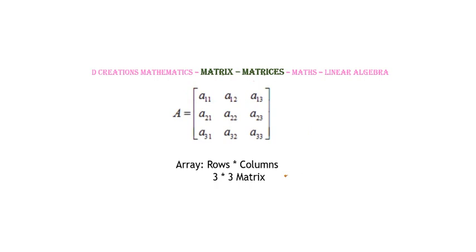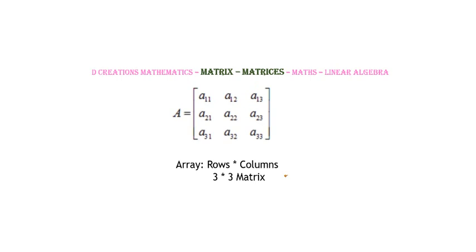A11, A12, A13 constitutes the first row, A21, A22, A23 constitutes the second row, and A31, A32, A33 constitutes the third row. Similarly, how many columns are there? A11, A21, A31 is the first column, A12, A22, A32 is the second column, and A13, A23, A33 is the third column.